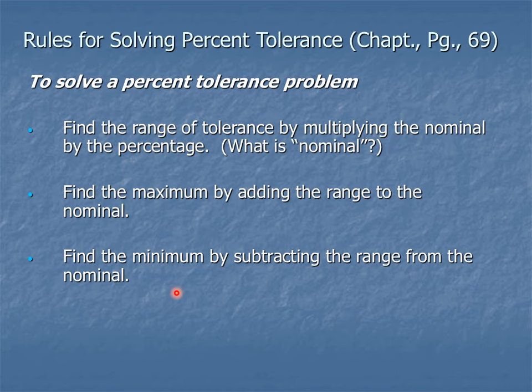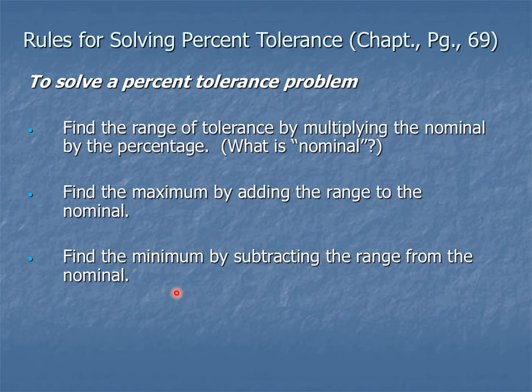Now some equipment has 10% tolerance, some has 5% tolerance. Sometimes you might find 20% tolerance, but it's unlikely that it's more than 20%. Since the tolerance is represented as a percentage, those problems are also percentage problems. If we understand percentage, this is a good time to see those problems.